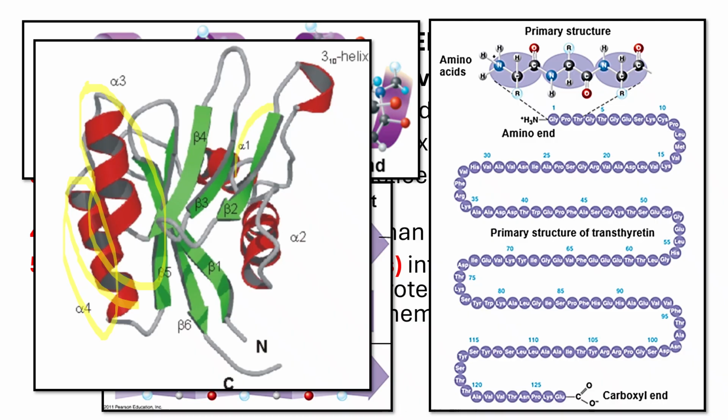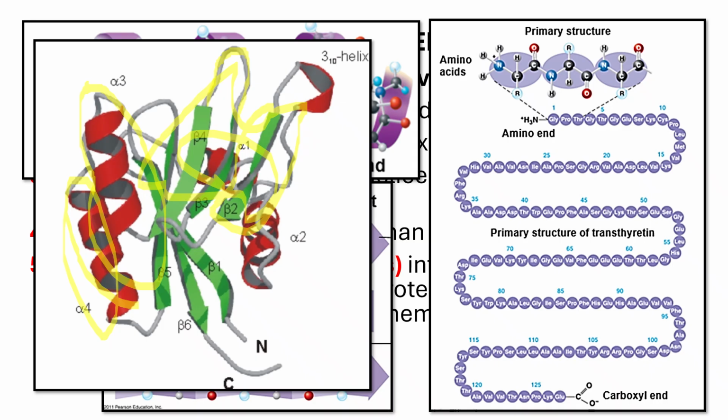And these green arrows, these thick ribbony arrows, are meant to be sheets of beta material, so beta-pleated sheets. So this is a ribbon diagram where we have several helices, the red things, and several beta-pleated sheets, the green things, and then these other lines that connect them are considered to be disorganized.